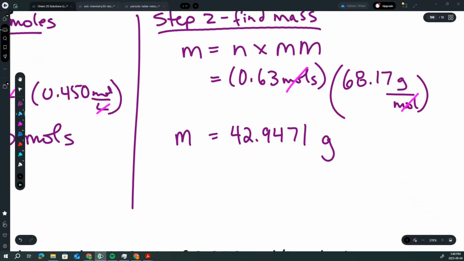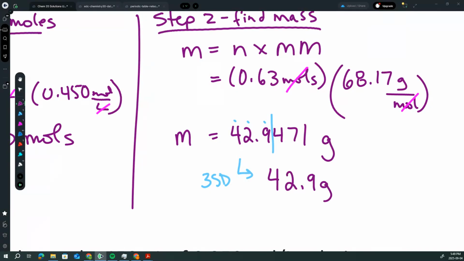So since both of them are in 3 sig digs, that's what my final answer has to be. So 1, 2, 3. My final answer is 42.9 grams. So that'd be 42.9 grams of ammonium sulfide.